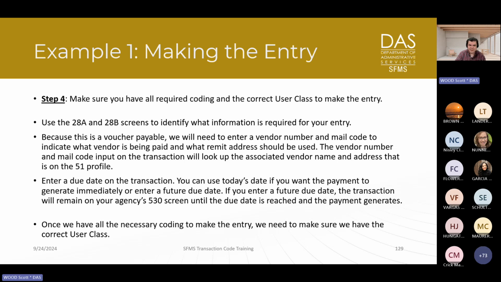If the mail codes do not match, then the warrant will not be fused together with others, and this entry will not be on the same warrant going out to the vendor. If the mail codes are different, it'll generate two different warrants, one for each mail code. So make sure you have the vendor number, the mail code, and that due date. Okay.